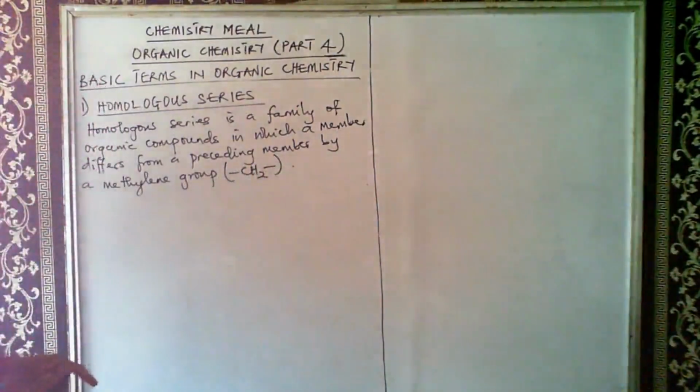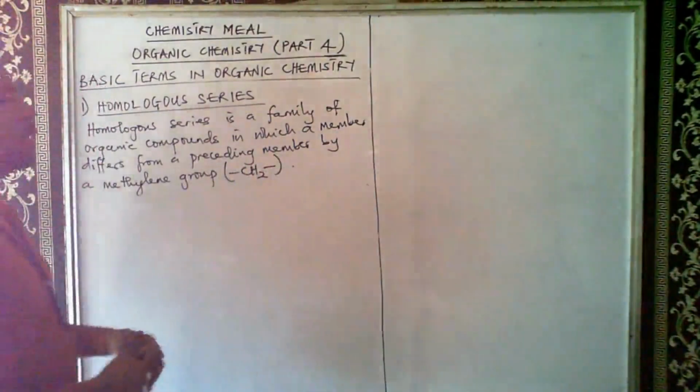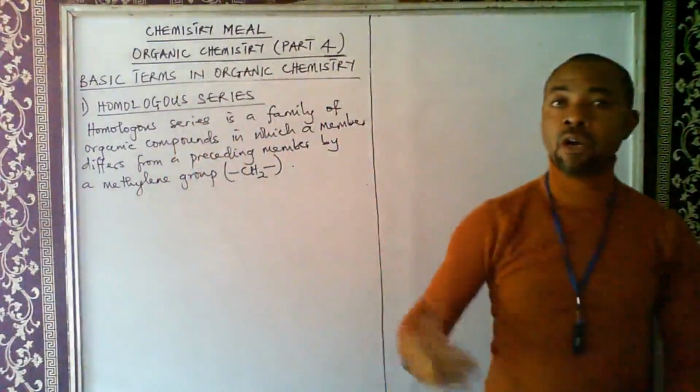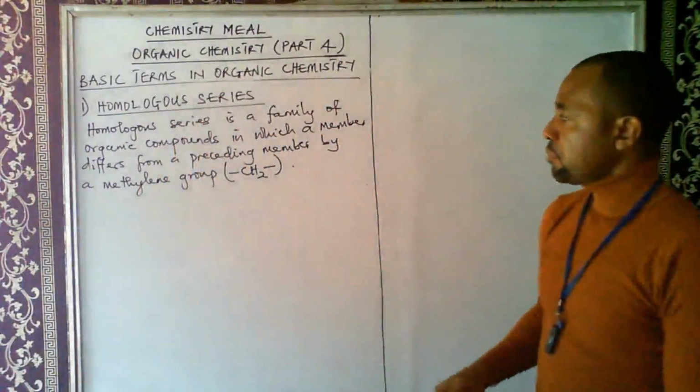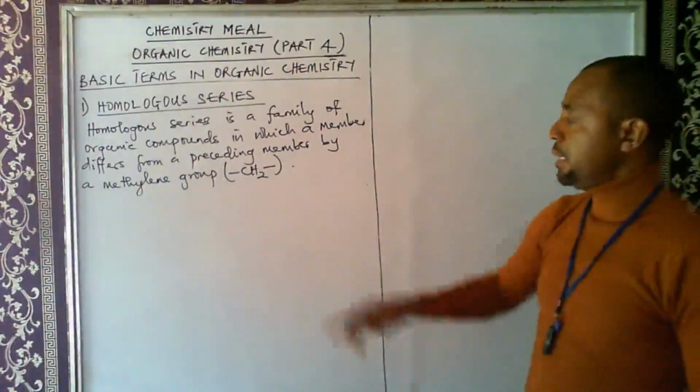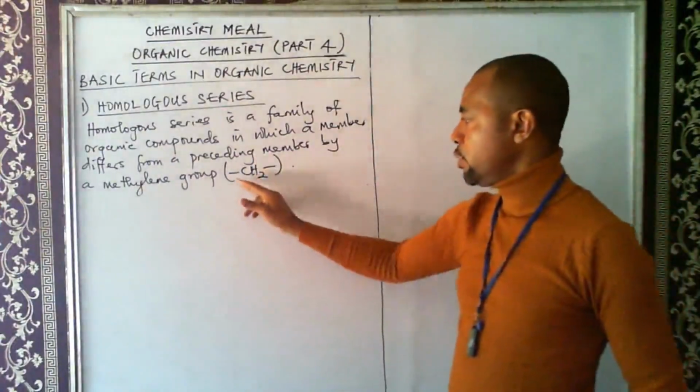A family of organic compounds in which a member differs from a preceding or successive member by what? A methylene group. And the methylene group is CH2.